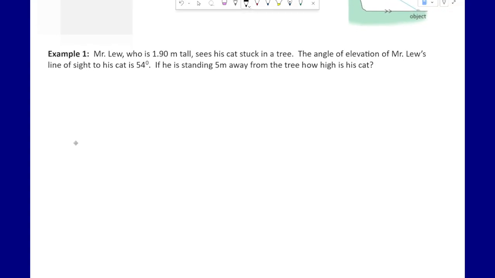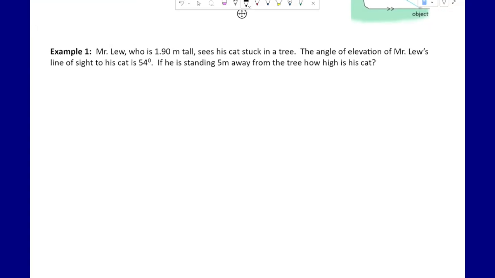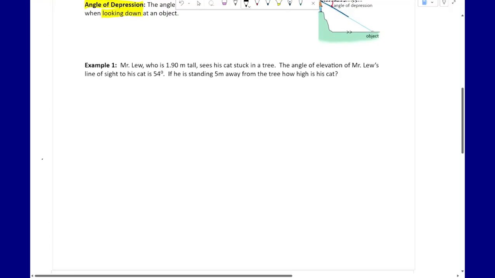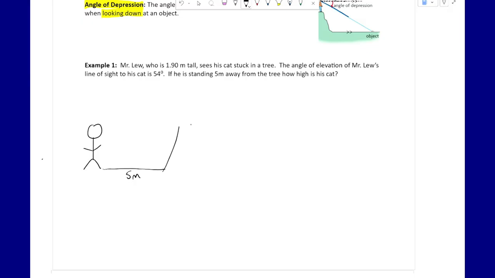So I am standing a certain distance away, and I'm going to draw just a quick figure, nothing fancy. I know that I am 5 meters away from a tree.